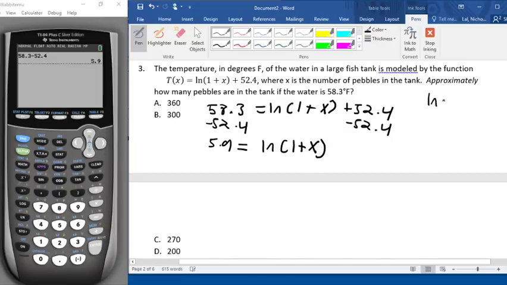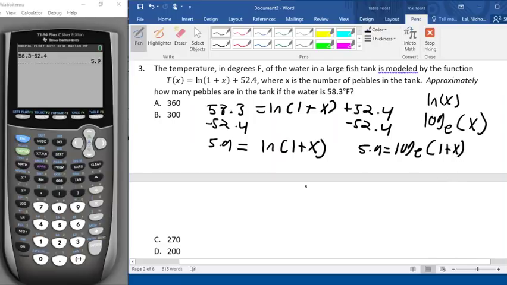Side note, the natural log of x is equal to the log base e of x. So that will help us swoosh our logarithm. If 5.9 is equal to the log base e of 1 plus x, then we can swoosh our logarithm and say that e raised to the 5.9 power is equal to 1 plus x.